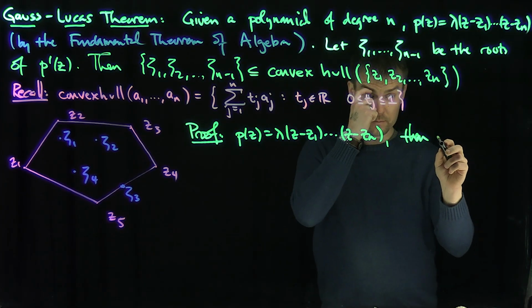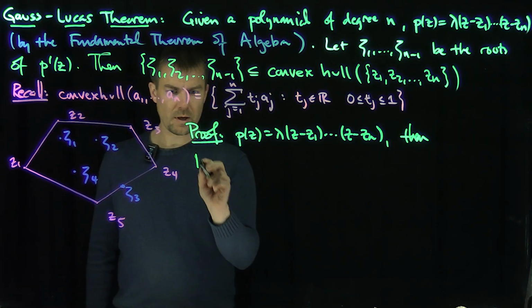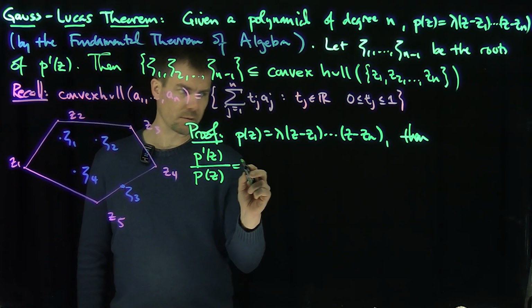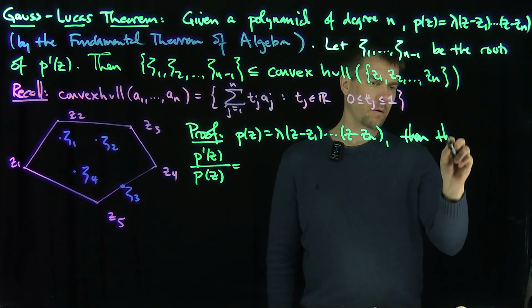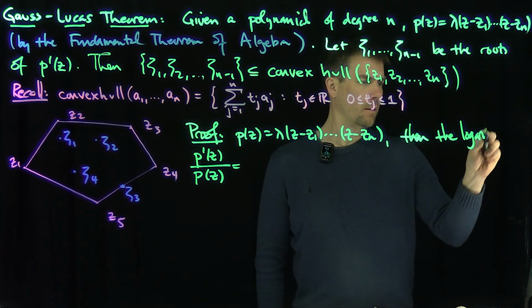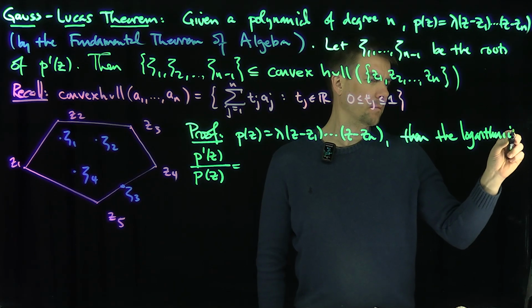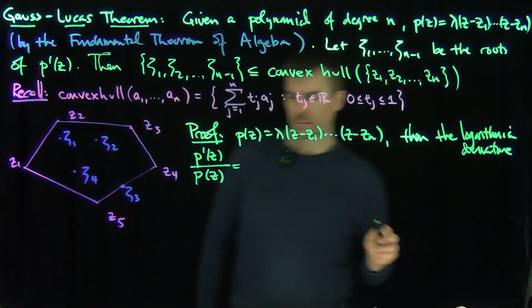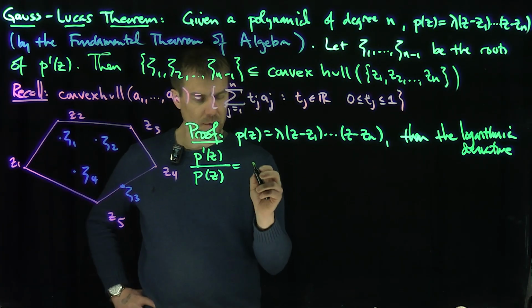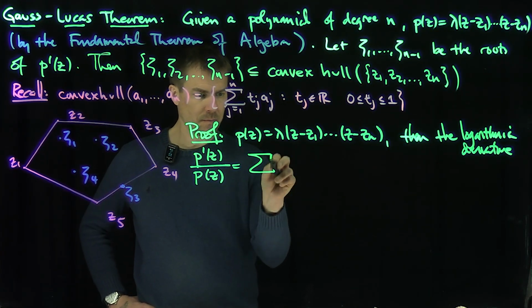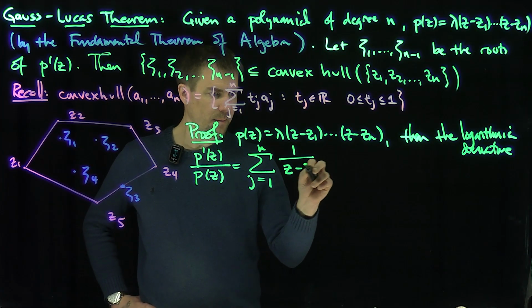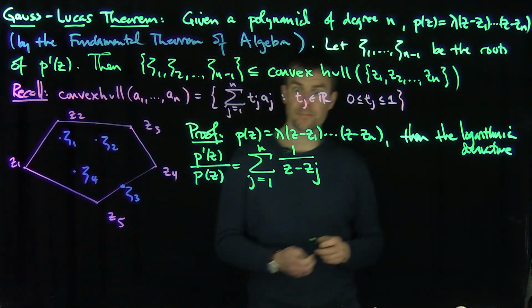Then P prime of z over P of z, the logarithmic derivative, is going to be the sum of the reciprocals. The lambda is going to cancel out. It's going to be the sum, j goes from 1 to n, of 1 over z minus zj.